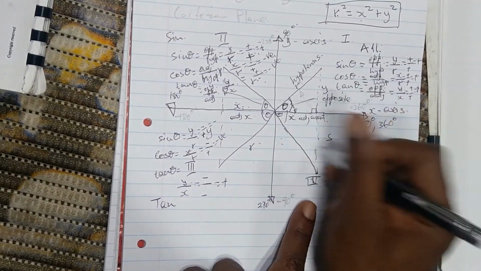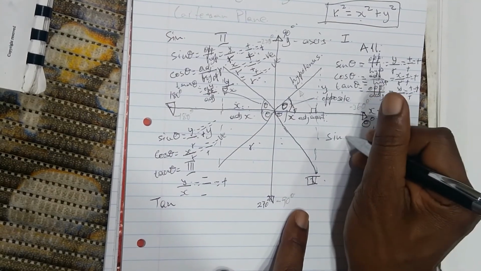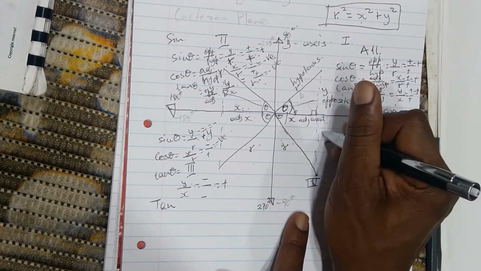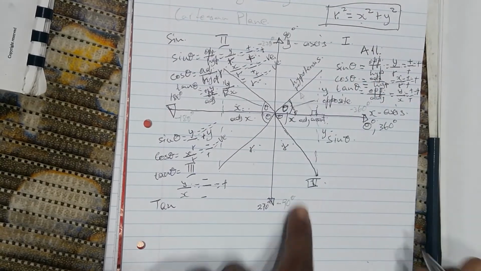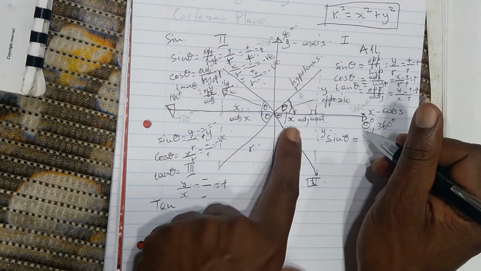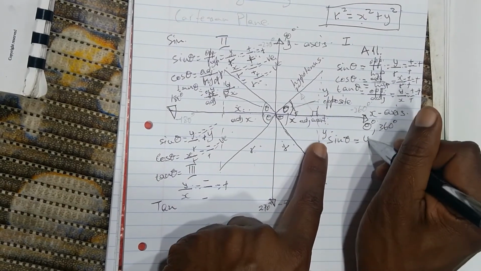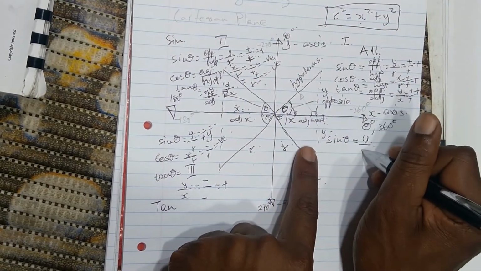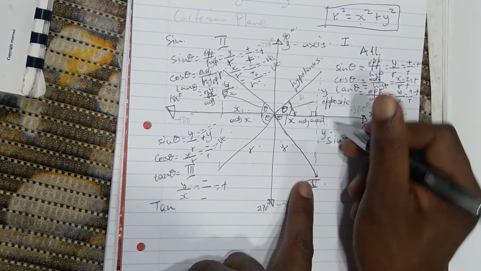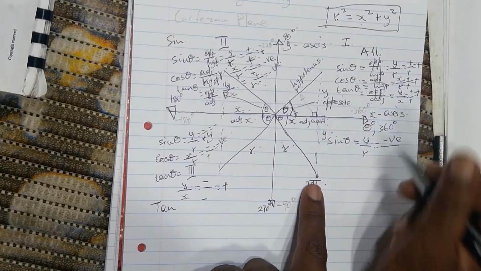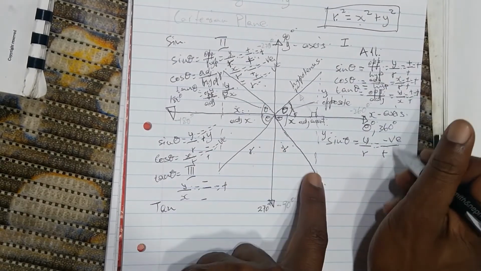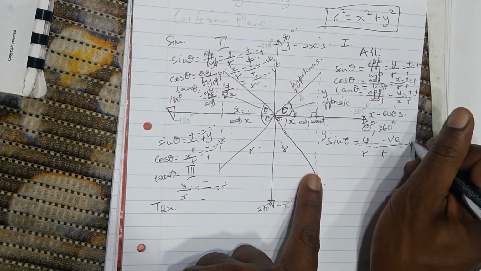So we have an angle, we call that angle theta. If we look at sine of theta here, we have r here, y here, and obviously we have x. Sine of theta is given by opposite over r, which is y over r. So y is negative there, over a positive, which is r, and that gives us a negative.